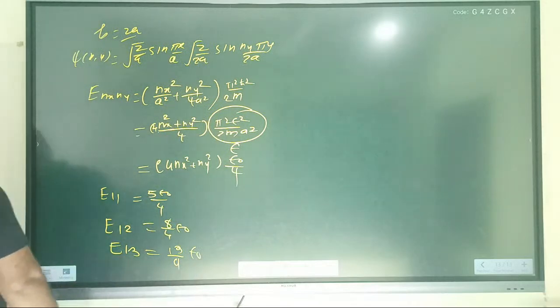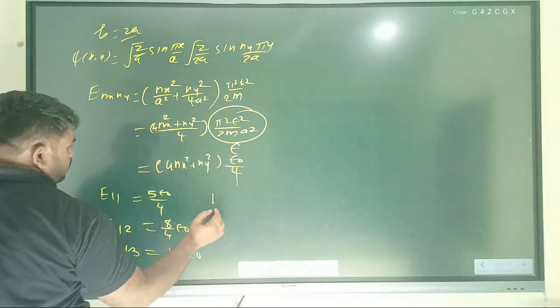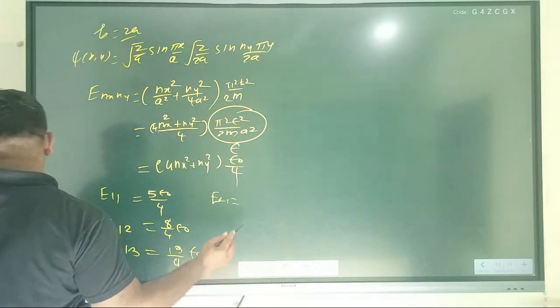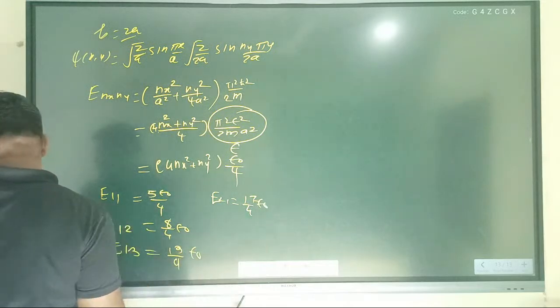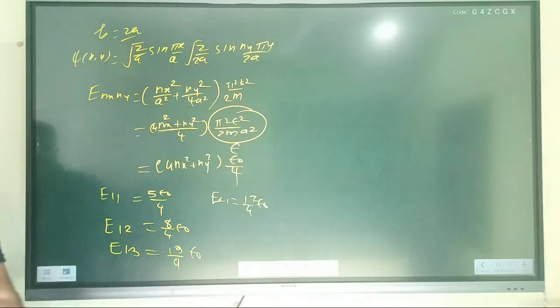Next we can write down 2 1, then e21 is equal to 17 by 4 epsilon naught, and so on. We just have to write in increasing order, we should remember this. Clear? Next.